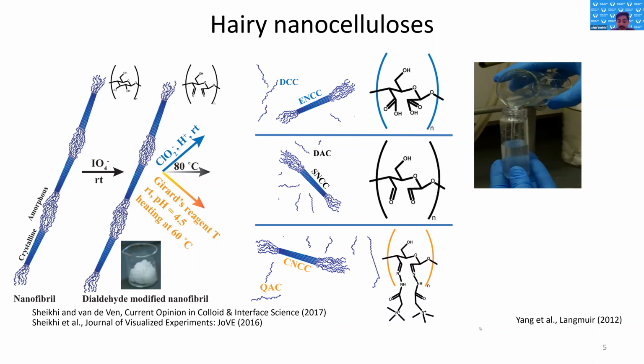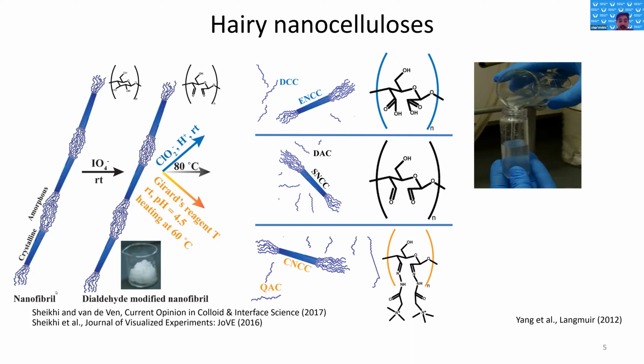hairy cellulose nanocrystal synthesis. We start with cellulose pulp. We oxidize it, using periodate to open the glucose ring from C2 and C3 and form dialdehyde cellulose.